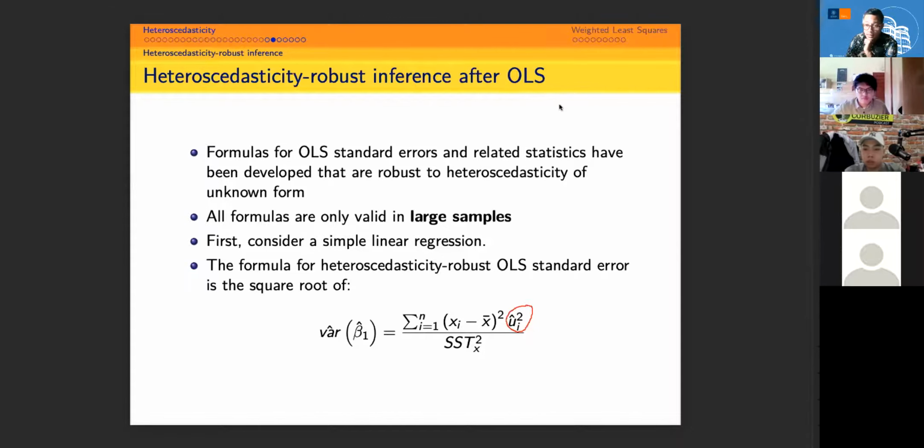But for the heteroskedasticity robust inference, you're going to include the squared residuals. Including the squared residuals here takes into account heteroskedasticity in the data. So by taking into account heteroskedasticity of the data, your estimated standard error is heteroskedasticity robust.